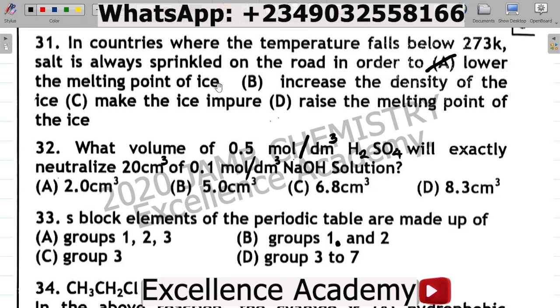And when salt is sprinkled on the ice, its melting point is being lowered, which means just a little increase in temperature will melt the ice, giving us a normal road, right? That's a road without ice. So hence, to lower the melting point of ice, we'll sprinkle salt on it. So that is why A is the correct answer.